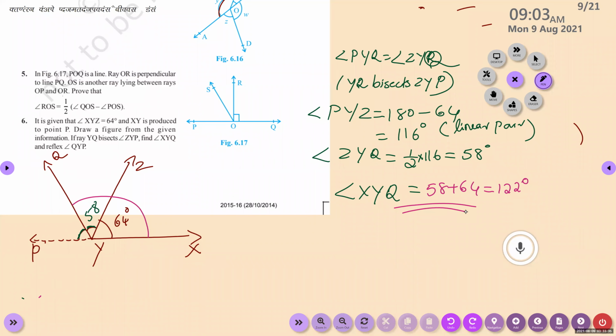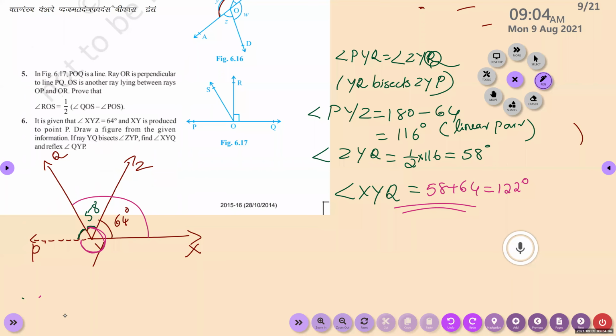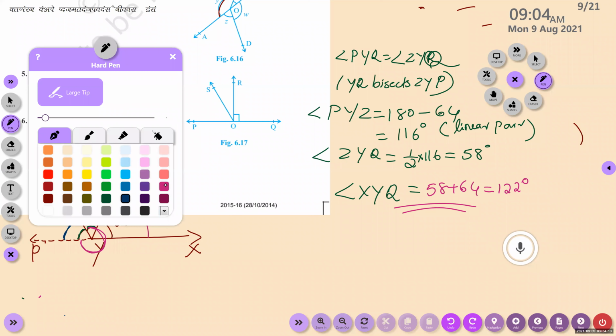One more question: reflex QYP. QYP is this blue color angle, so its reflex angle is this magenta color I have marked.